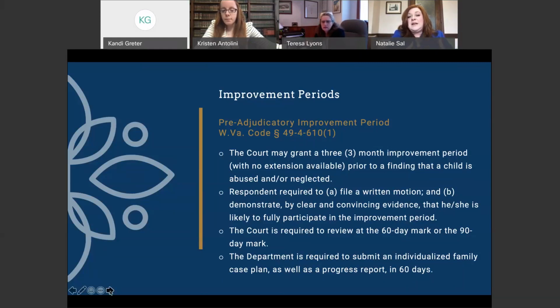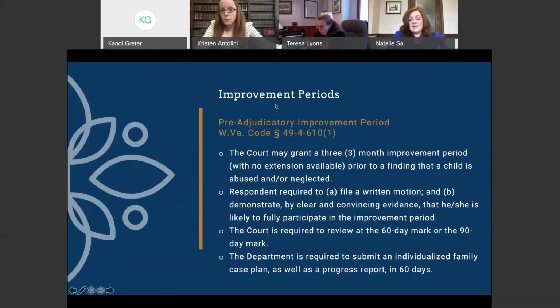A court in a pre-adjudicatory improvement period can grant a 3-month period of time for the respondent parent to work with services. Unlike the other later improvement periods, there's no possibility of an extension of that 3 months. It's an incredibly short period of time to be able to work through services.